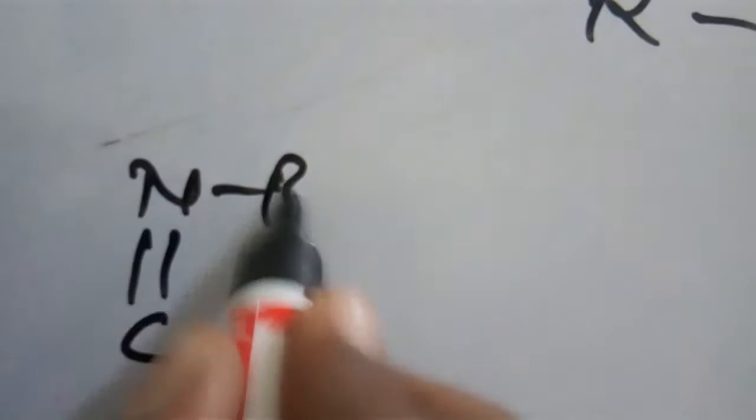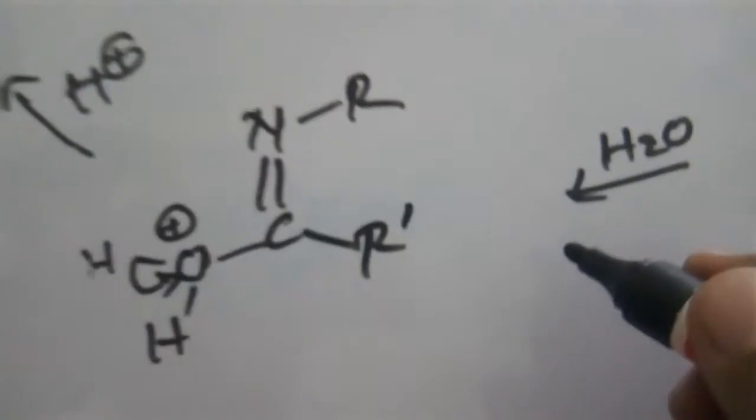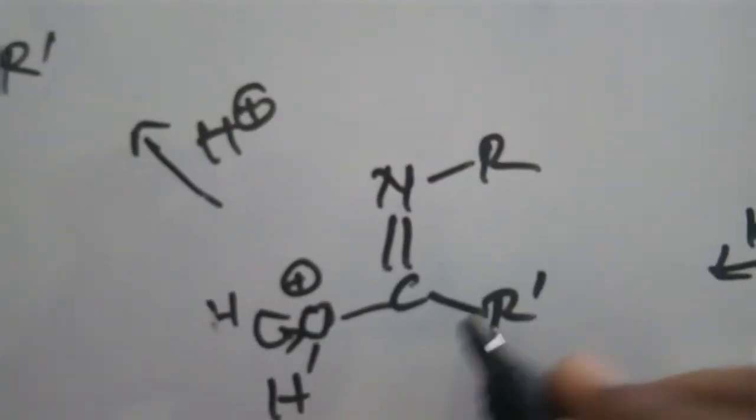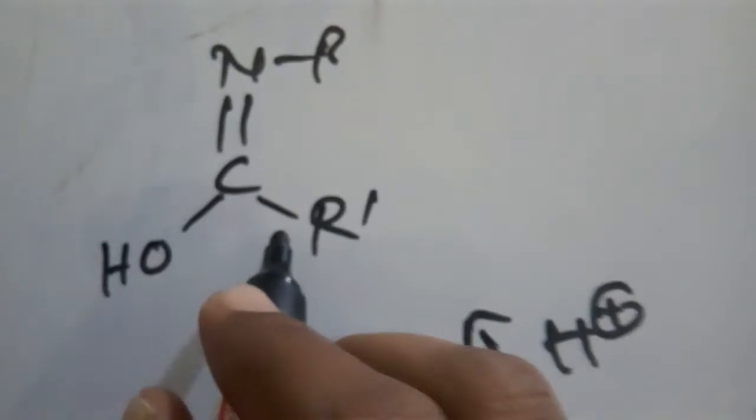Then we can draw like this, C double bond N R dash, sorry, R, R dash and OH. This is converted to this.